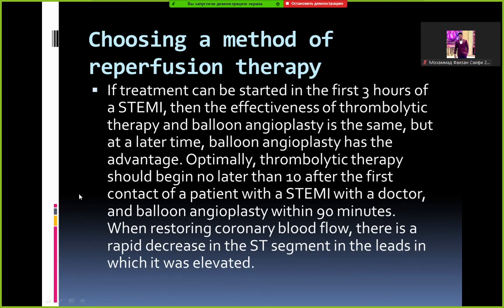How to choose a method of reperfusion therapy? If treatment can be started in the first 3 hours of ST elevation myocardial infarction, then the effectiveness of thrombolytic therapy and balloon angioplasty is the same, but at later time balloon angioplasty has the advantage.